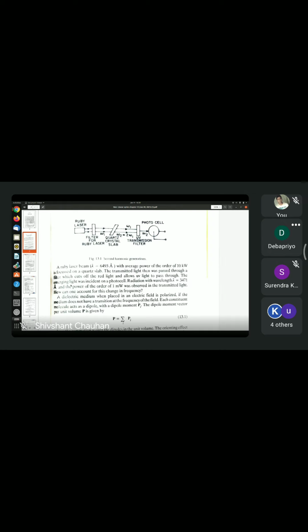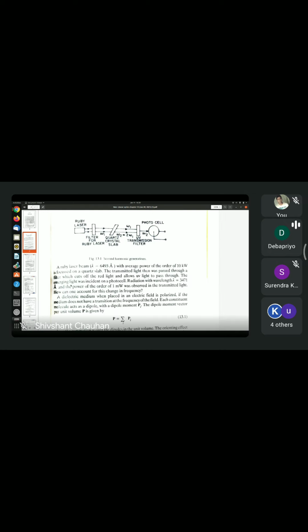So the explanation is firstly like this: you have the polarization vector P, which is the sum of the dipole moments of the individual atoms inside the material, say quartz or some other crystal or whatever material it may be.